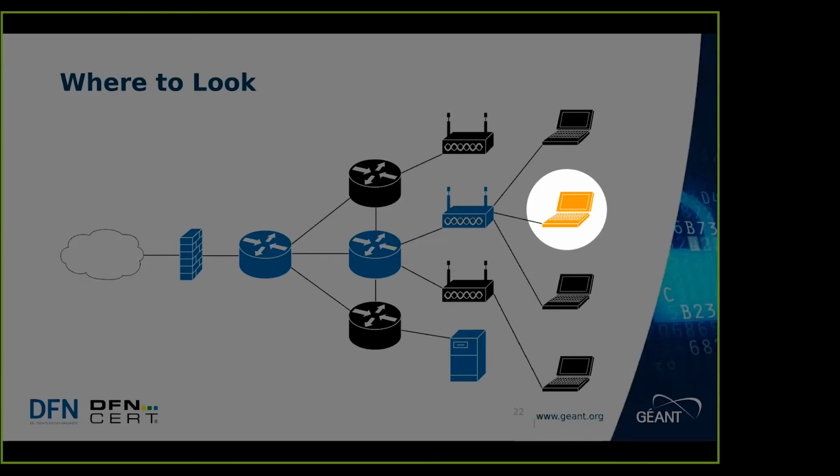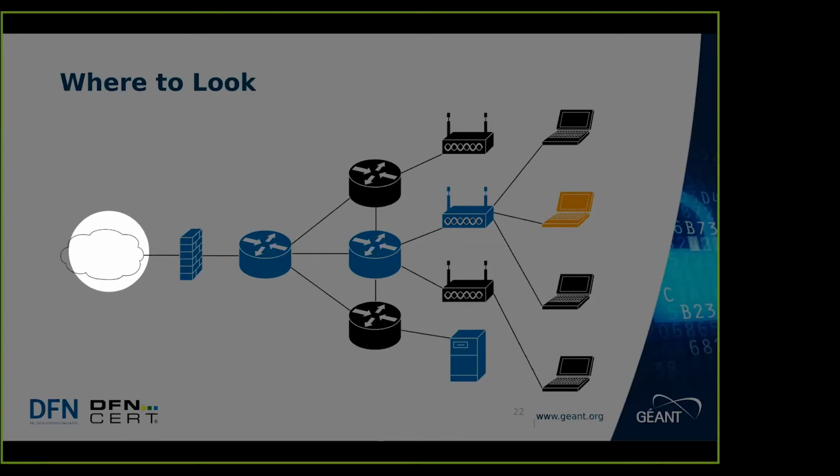This is just an example of a very simplified network of your, I don't know, your university, you name it, your office, where you have your clients, which are connected, in this case, just through access points, which are in turn connected to, let's say, core routers, which are then connected through the edge router, through a firewall, to the general internet.